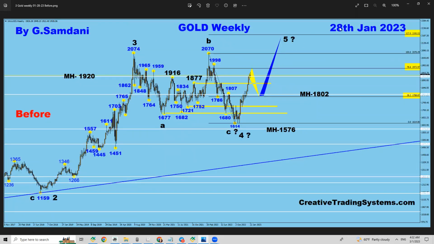And on January 28th, I made this chart, that we're probably going to go up a little bit more towards these numbers, 1959, and then 78% is right there. So we're going to drop from there to 1802, and then we're going to bounce from there and go forward.